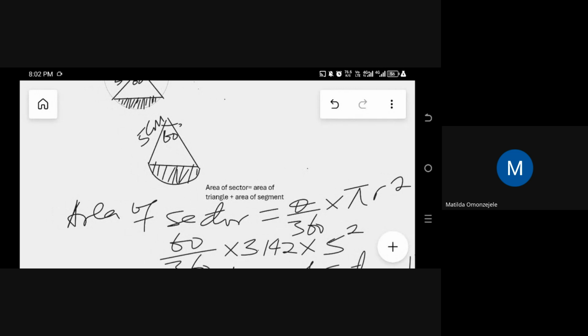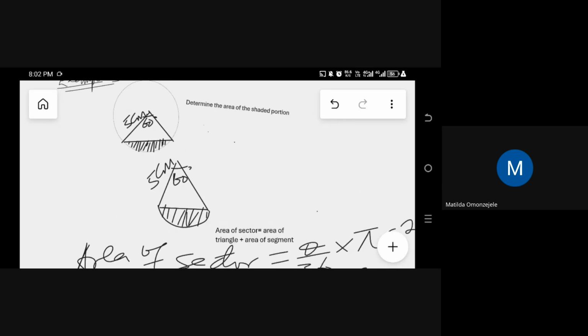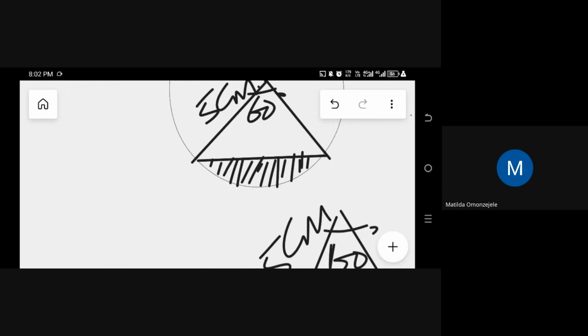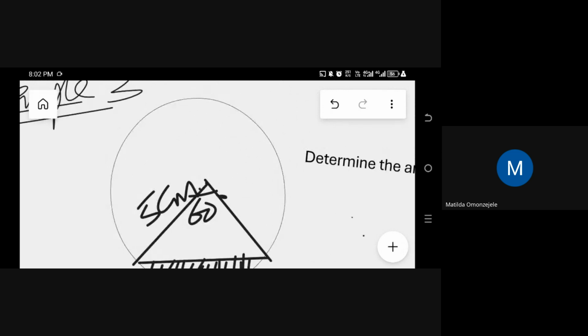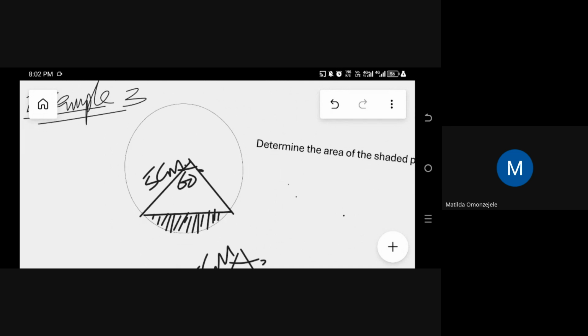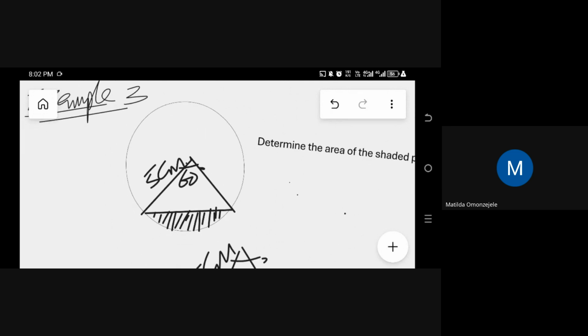So we have A. Some students are like, oh, we have A, but we don't have B. So what then do we do? B is also 5, because have you forgotten that if you look at this diagram, both sides are radii? If A is 5 centimeters, the other must be 5 centimeters as well, because they are both radii.